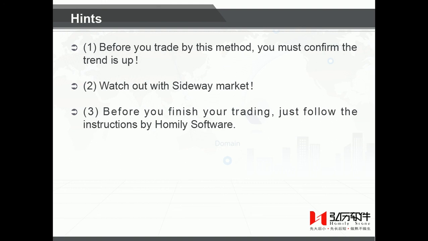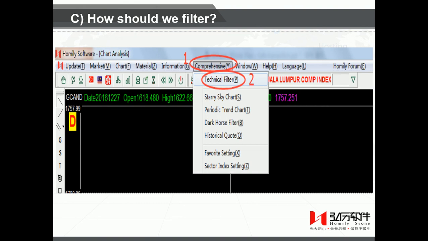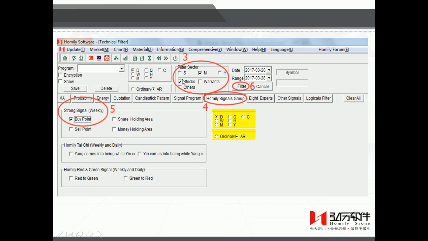And then how should we filter? Here I provide the filter steps. First you click Comprehensive, and then second you click Technical Filter. Then you click here and you find the filter sector. Here M means the Malaysia market, S means the Singapore market, and H means the Hong Kong market.